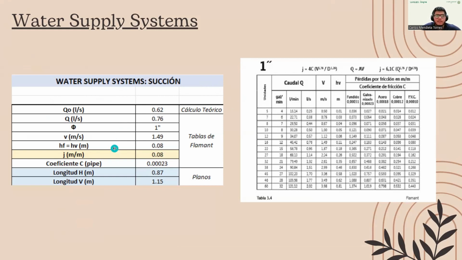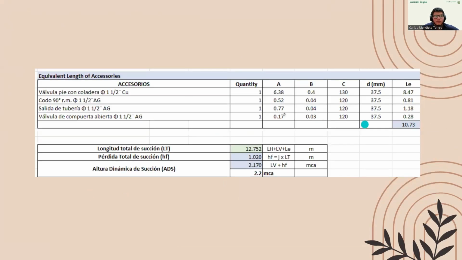After that, we need the horizontal and vertical length from our cistern to the pump that we get here. We are also going to calculate the equivalent length of the accessories used. The first one is a valve with a strainer, a 90-degree angle, a pipe outlet, and an open gate valve.